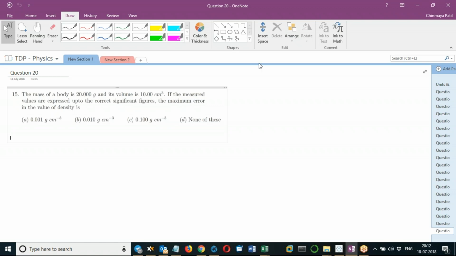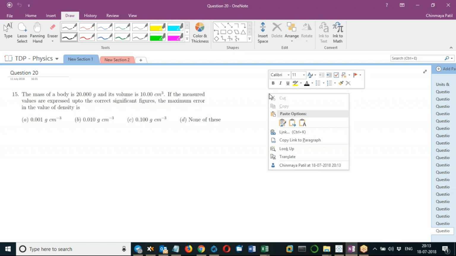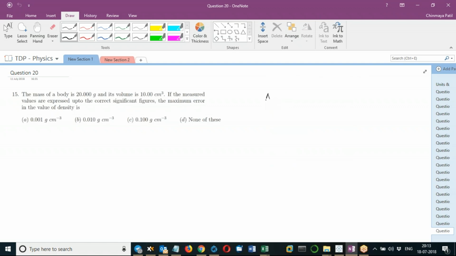We have done this kind of problem 2 to 3 times today. So keeping this in mind, I can directly write that delta rho by rho is equal to delta m by m plus delta v divided by v.